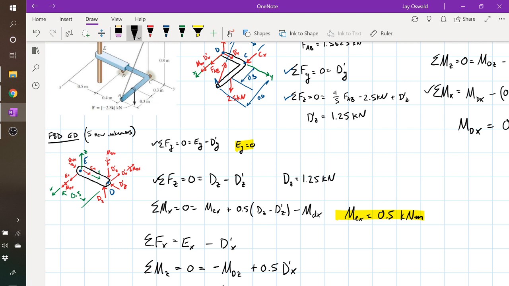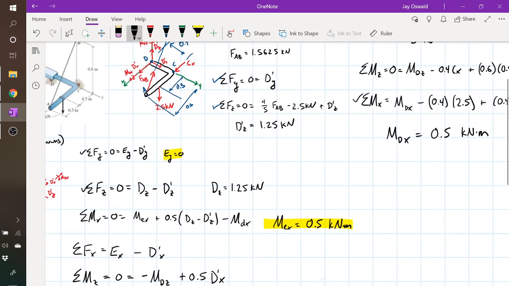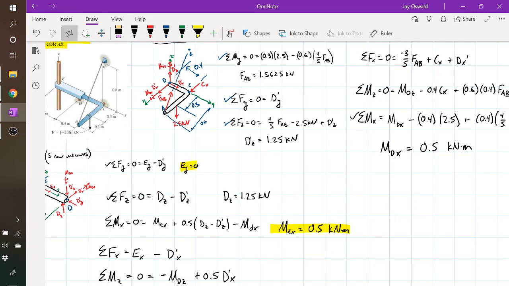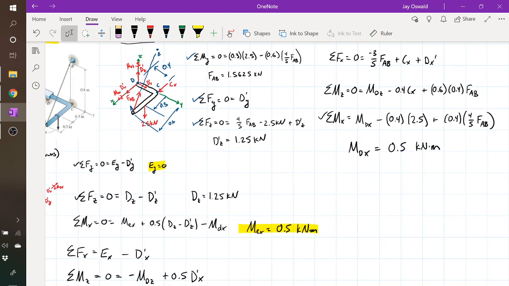So now basically we just need EX, I think. Okay, and that's going to come out of this term, right? So we can write D prime X in terms of EX. MDZ is showing up here.